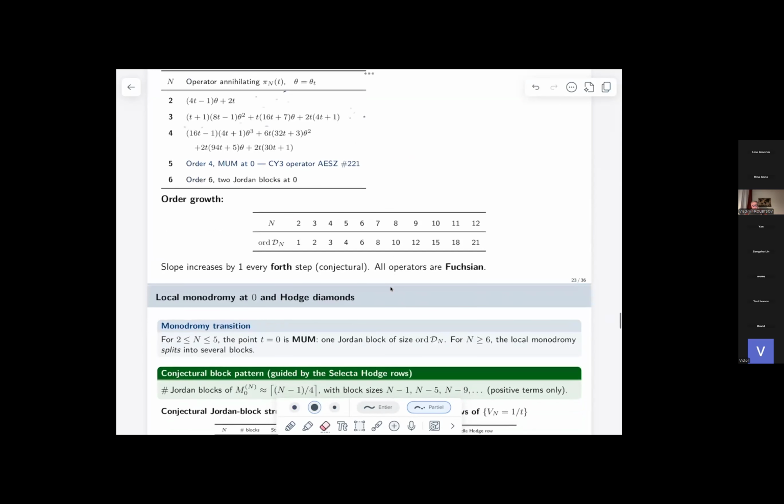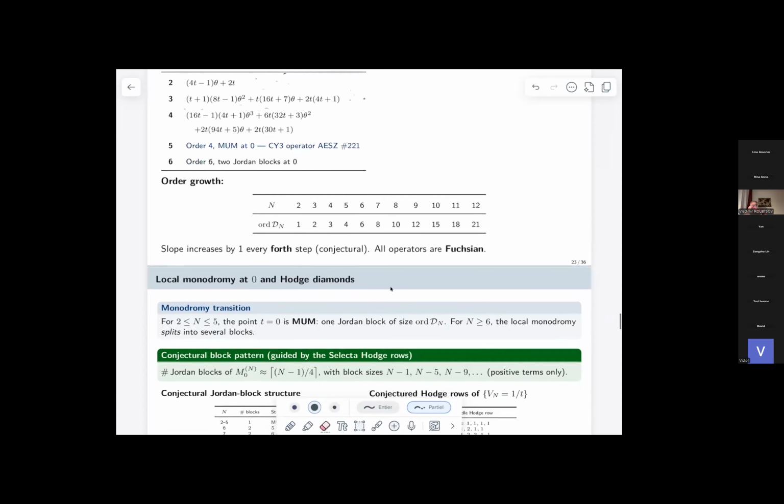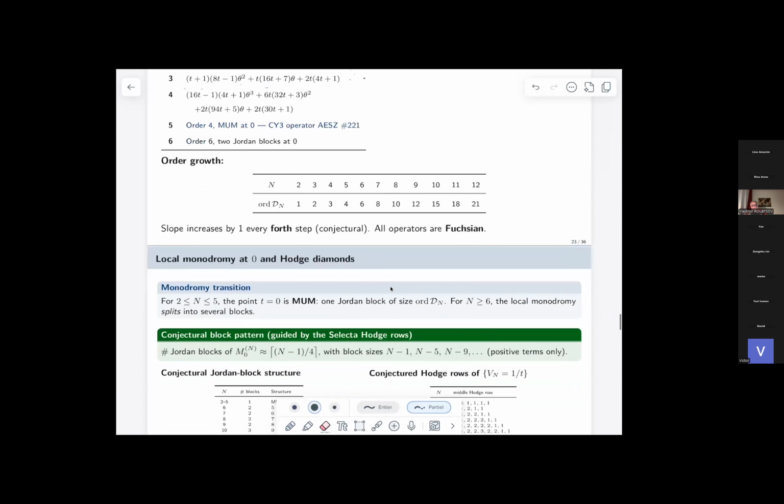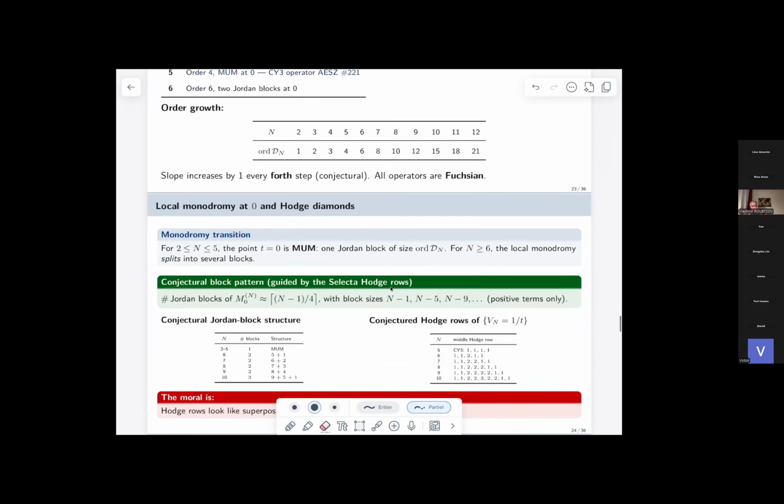And then computation shows that with the growth of n and growth of the degree of my differential operators, we have some periodicity, some four-step growth. It means that the number of Jordan blocks which appeared for n equal to 6, 2, for n equal to 10 becomes 3, and for n equal to 15 becomes 4, and so on.